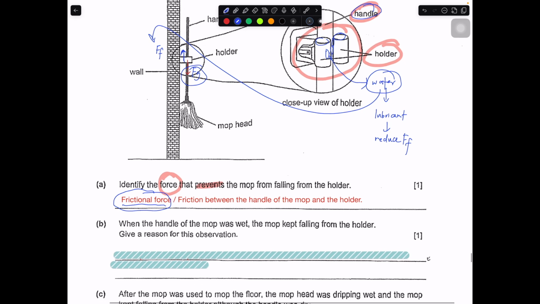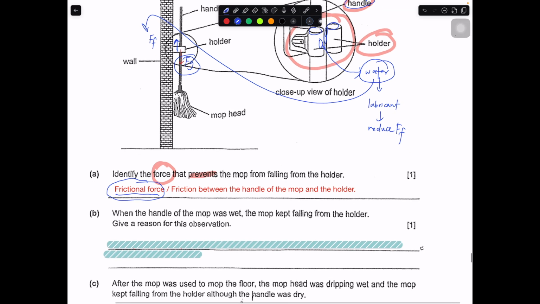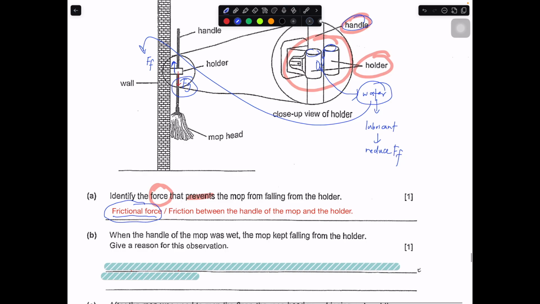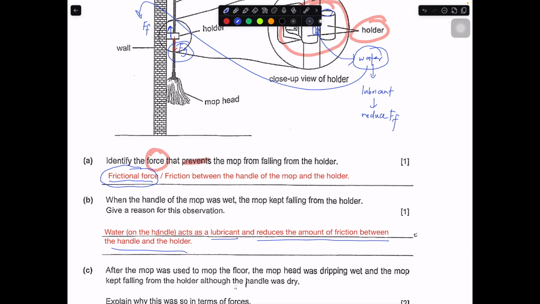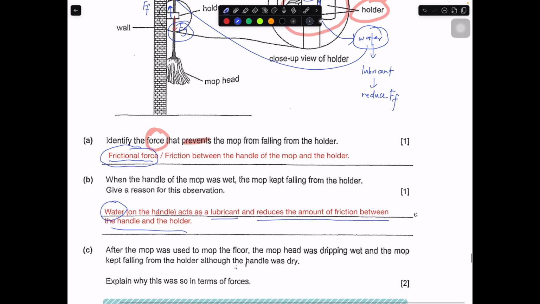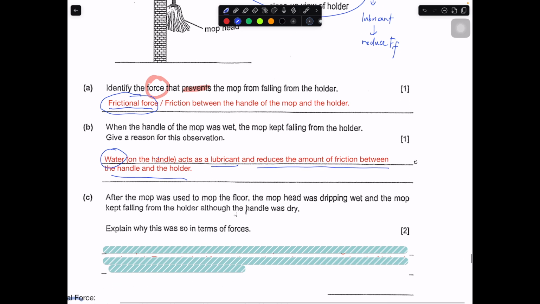So the idea is water acts as a lubricant and reduces friction. Where is this water? At the handle. Water on the handle acts as a lubricant, reducing the amount of friction between the handle and the holder. These are the key ideas. Before we go on, let me break this down into choice, evidence, and reasoning.